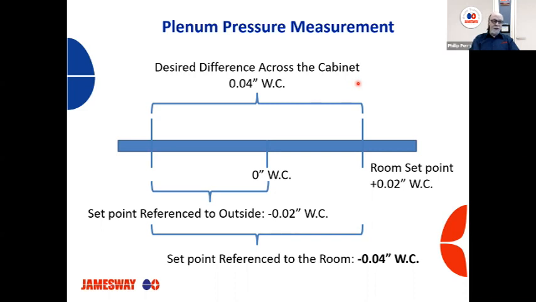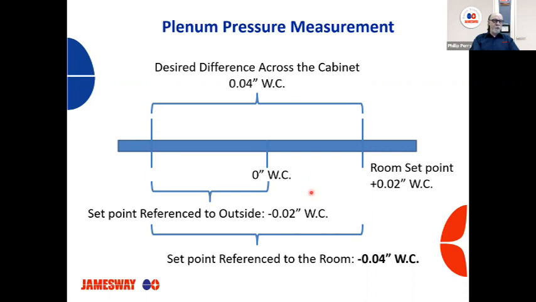And so as you can see in this illustration, to achieve the same differential pressure across the machine in this situation, the set point is half that when referenced to the outside. So if you reference to the outside, you just need to set a negative set point that is the total difference minus your room pressure. In this case, if our desired is a 0.4 negative across the machine, we would subtract our 0.2, which would mean a negative 0.2 plenum set point.